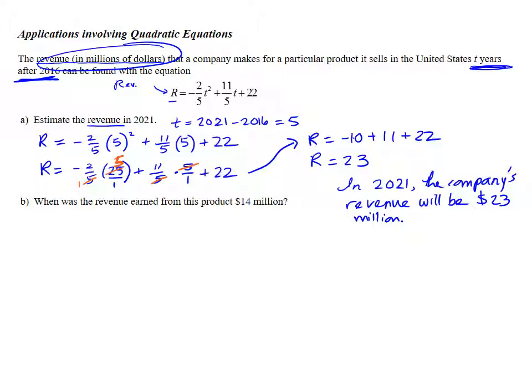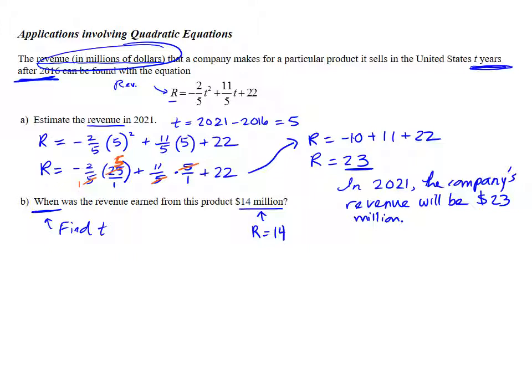In the next question, we're asked about when the revenue will be something. Specifically, when was the revenue earned from this product $14 million? So in this case, we're given R. Remember, R is in millions, so R here would actually be 14. We don't throw in those extra zeros because in our last example we saw R equals 23 means 23 million, so I'm just using the 14. When implies find time.